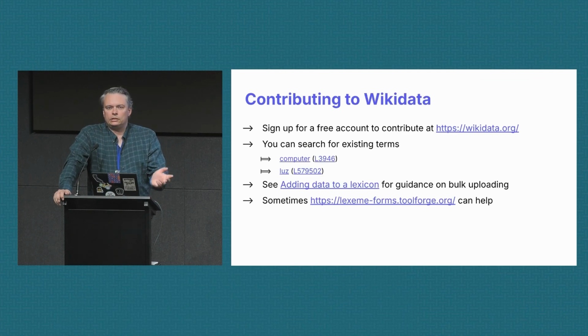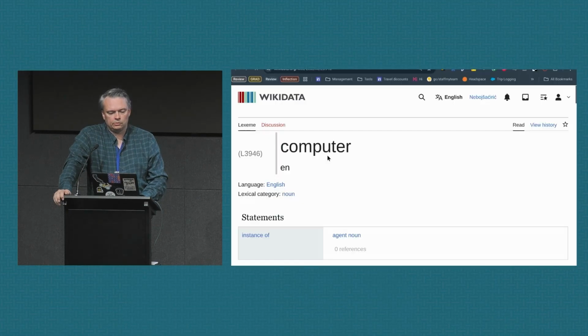I wanted to at least mention how to contribute to Wikidata, if you're interested in just that side, to generate data that Unicode Inflection uses. You can sign up and create a free account on wikidata.org. You can search for existing terms like "computer." An example would be right here.